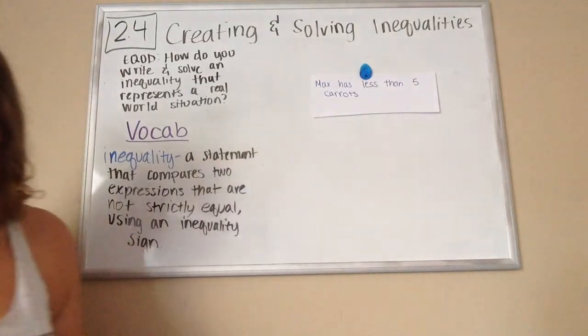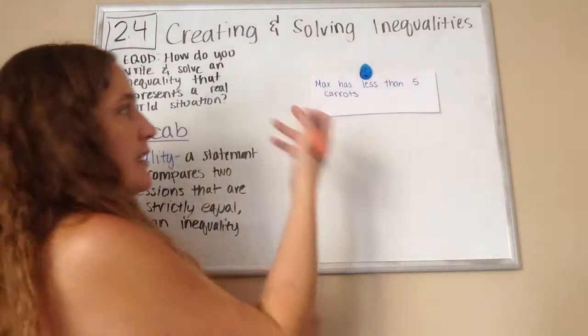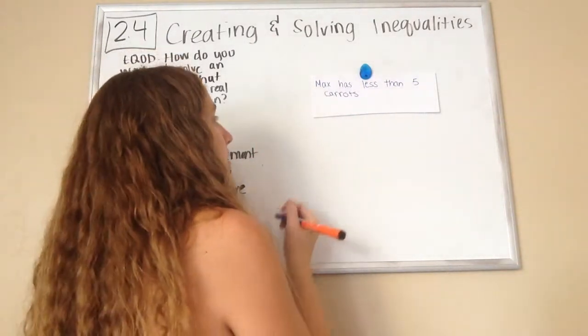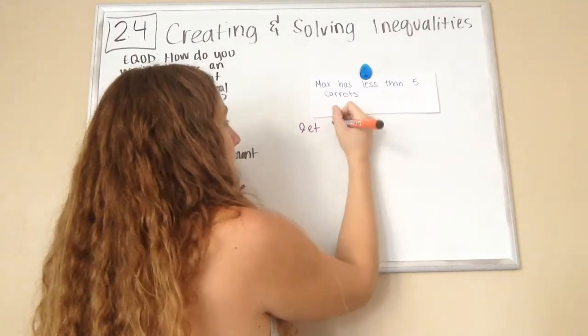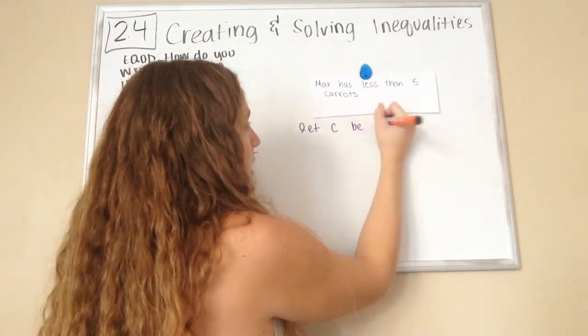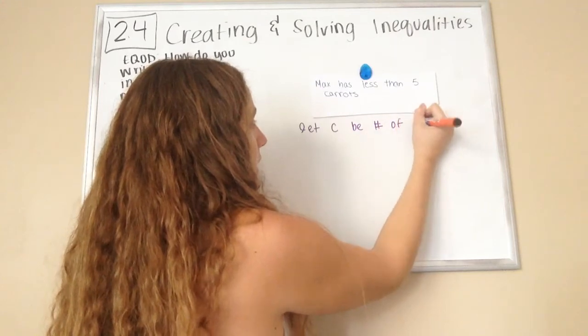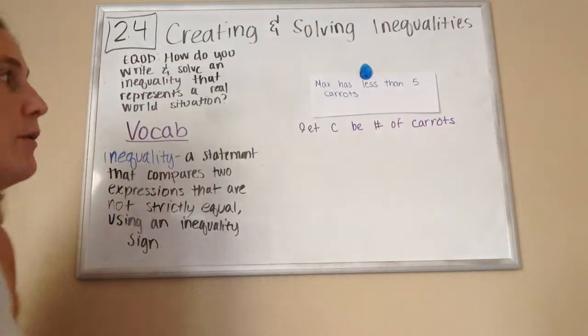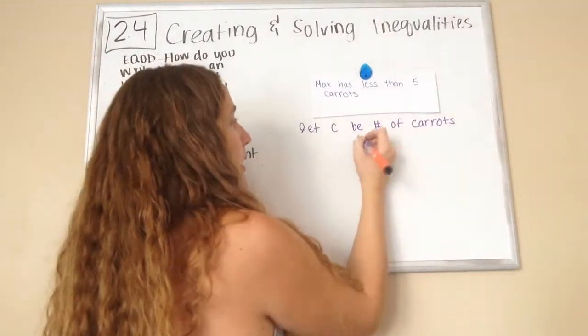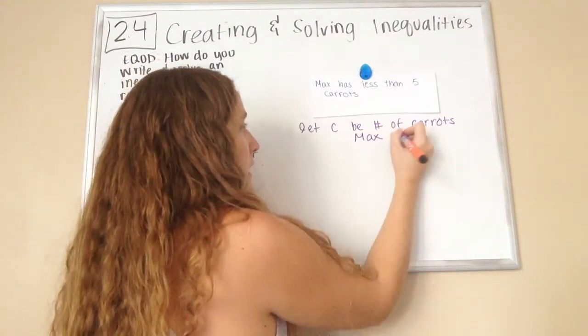Okay, well first of all we need a variable, right? It doesn't specify a variable. So let's let our variable be C. Let C be the number of carrots. So we had to pick a variable. I just picked C randomly. And we know that C is the number of carrots Max has.